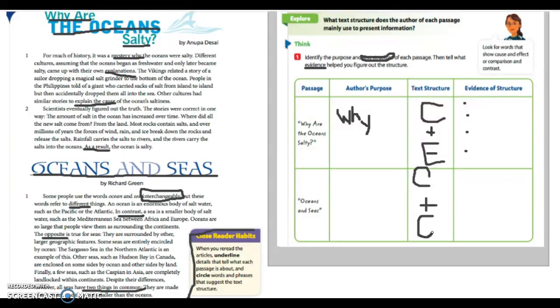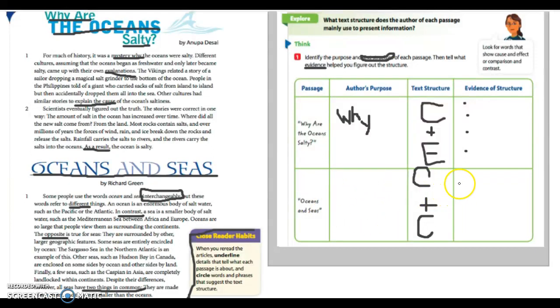The author's purpose for this passage is to describe things that are the same and things that are different between oceans and seas. So it is comparing and contrasting the things that are similar and the things that are different about oceans and seas.